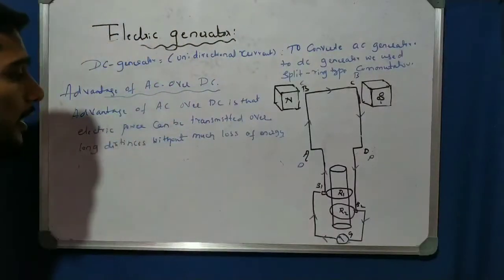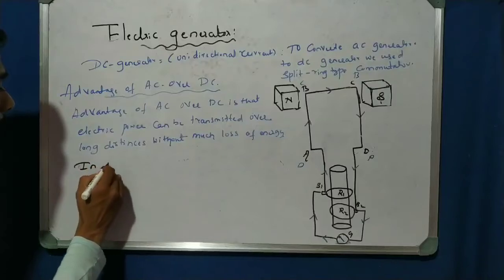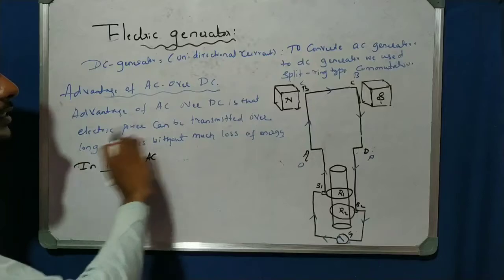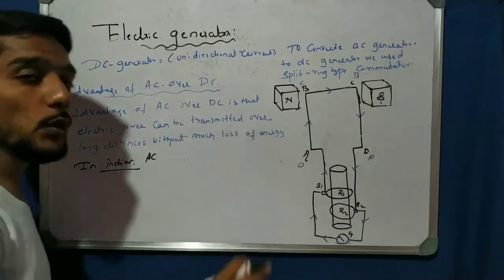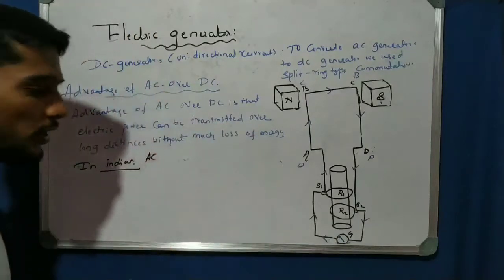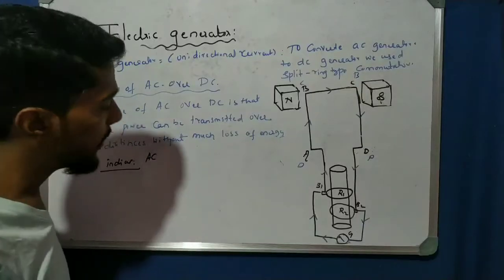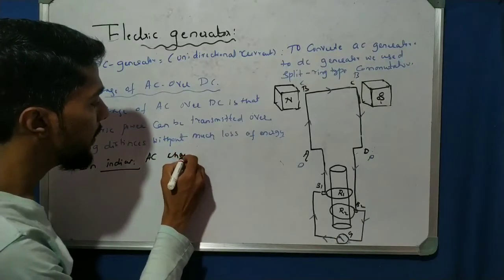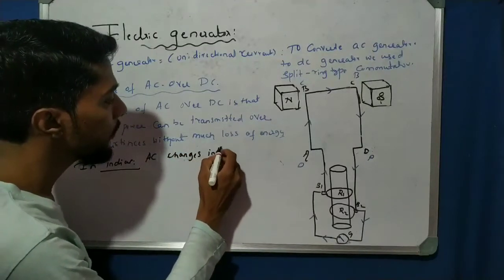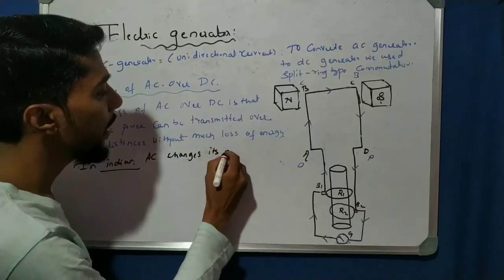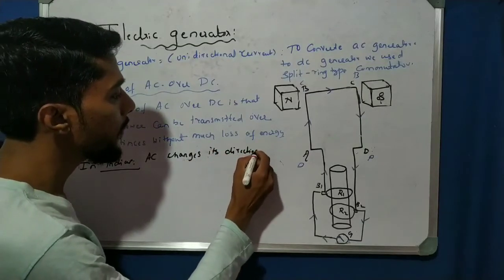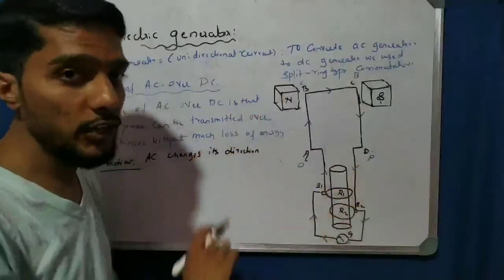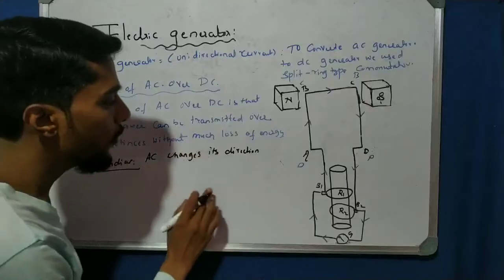Now another very important point: in India we use AC current because it can be easily transmitted over long distance without loss of energy. In India, AC changes its direction every half rotation, and every half rotation takes time.